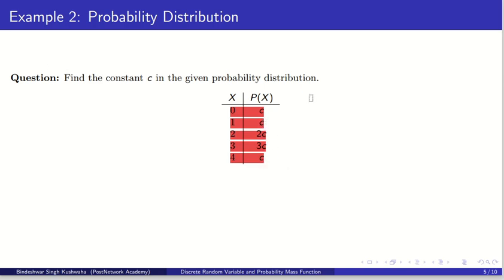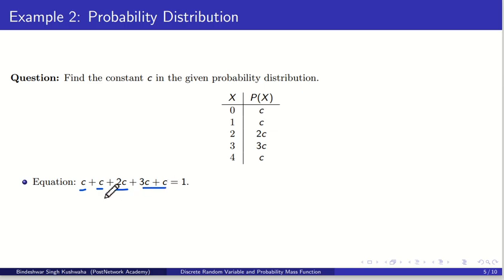As we know, the sum of all probabilities is equal to 1, and this implies that 8c is equal to 1 and c is equal to 1 upon 8.